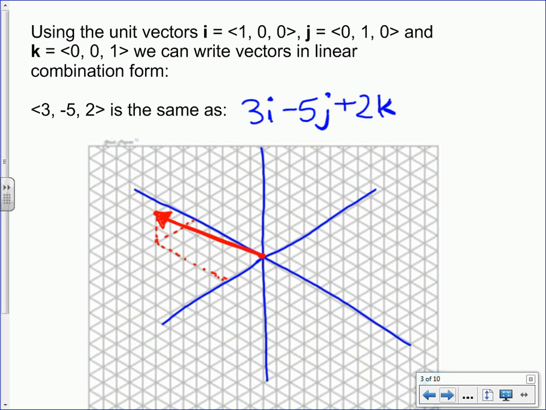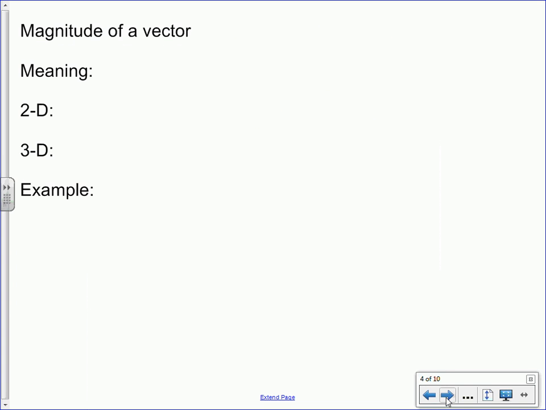Okay. All right, so now the fun stuff. Let's remember a couple things from chapter 6. Okay, magnitude of a vector. What does magnitude mean? The size, the distance. The length of our vector. Okay, so let's remember what we did back when we were in 2 dimensions.